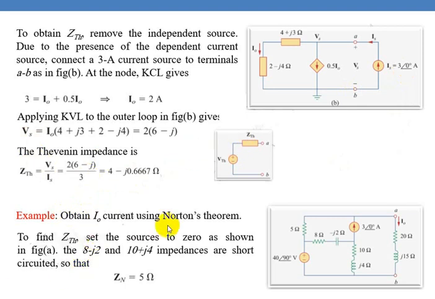Next, obtain I0 using Norton's theorem. So let us find the Norton equivalent circuit. To find ZTH, you have to remove the source and create an open circuit here.